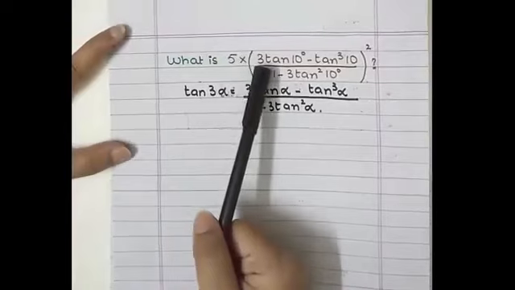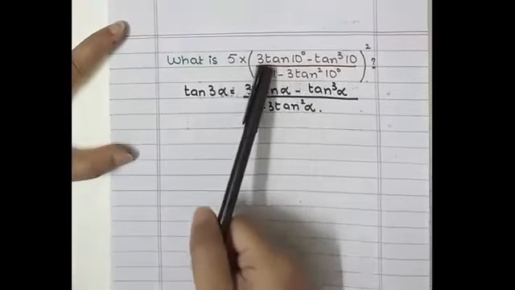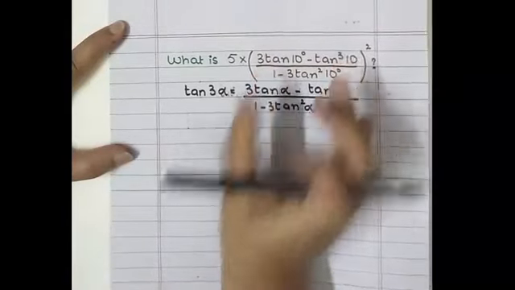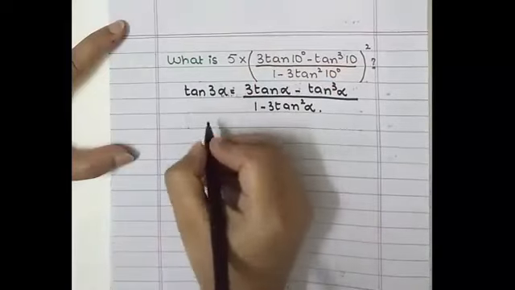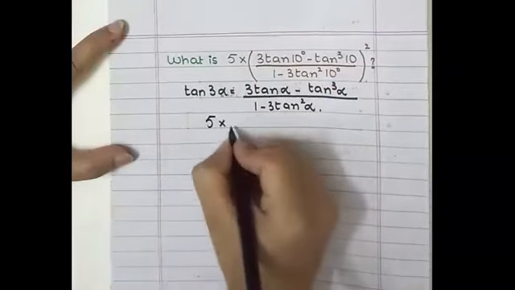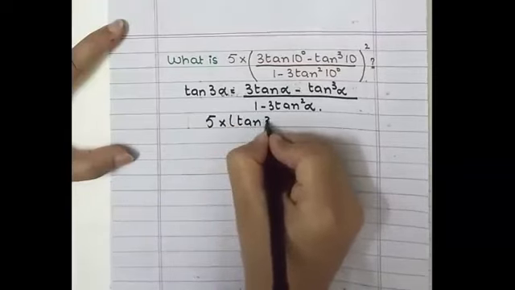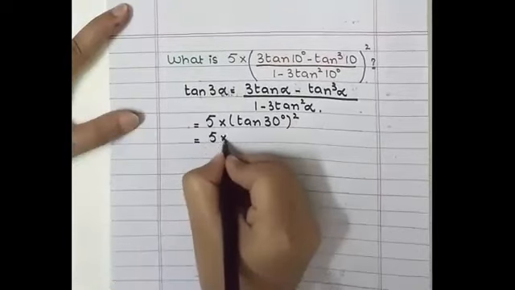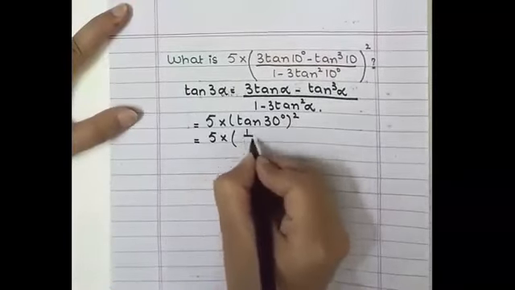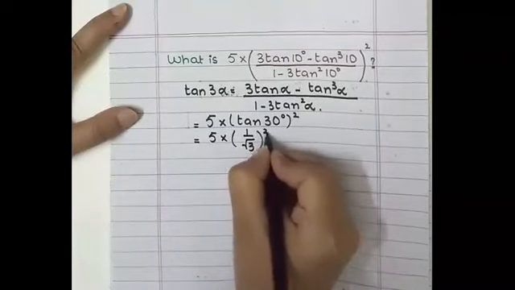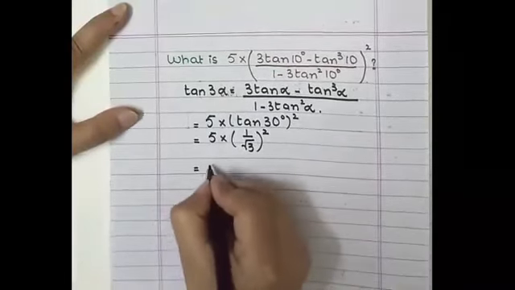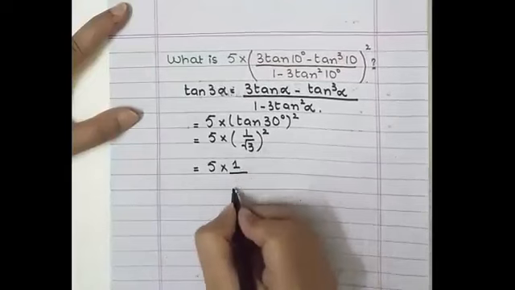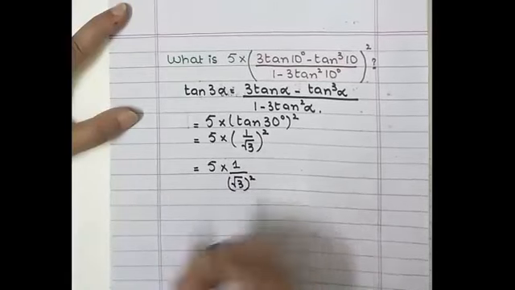So here we have 3 tan 10 degrees. So 3 alpha here will be 3 into 10, which means 30 degrees. So this is the formula for tan 30 degrees. 5 multiplied by tan 30 degrees, whole square. 5 into tan 30, which is 1 over under root 3, whole square, which is equal to 5 into the square of 1, which is 1, over under root 3 whole square.